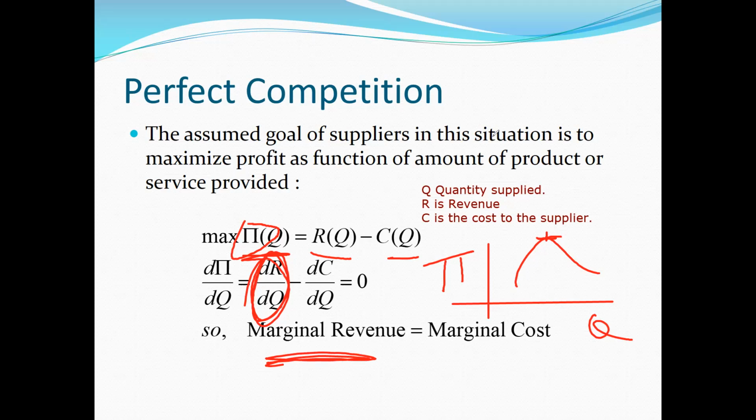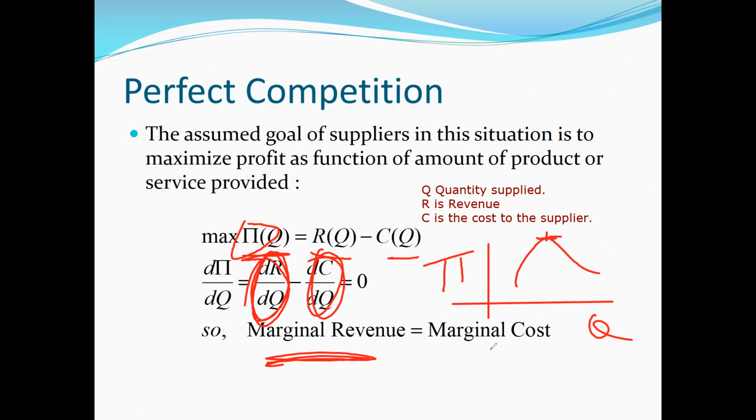It's the extra money that I bring in by selling one more unit. And dC/dQ is the cost that I incur when I produce one more unit. Does that make sense? So dR/dQ is my marginal revenue, and dC/dQ is my marginal cost.